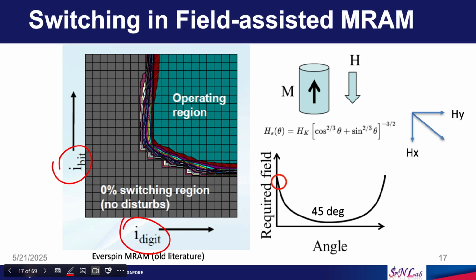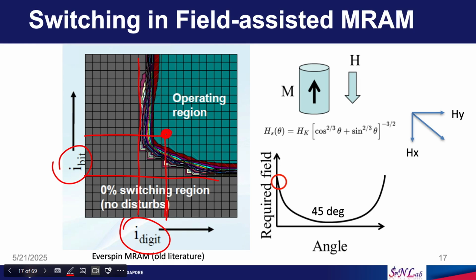When this current is low, nothing happens, or when this current is low also nothing happens. But if these two values are of certain magnitude, for example, this digit line has certain value and bit line has certain value, this particular MRAM will switch.